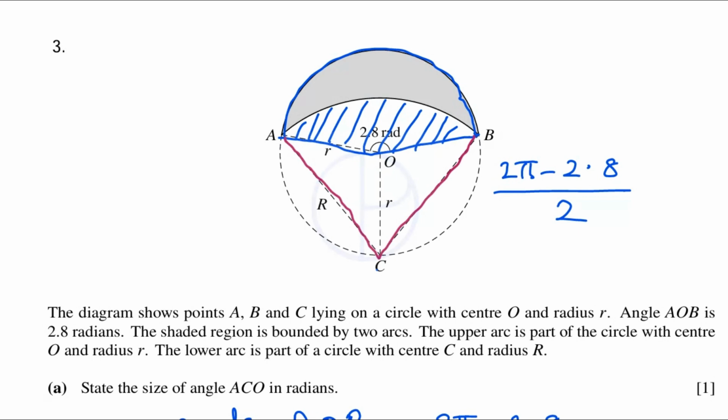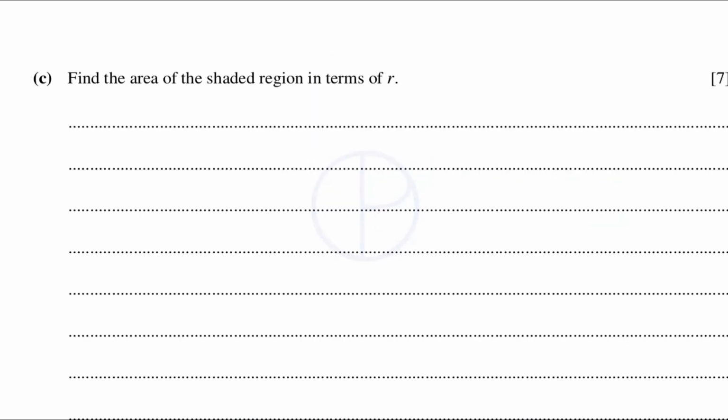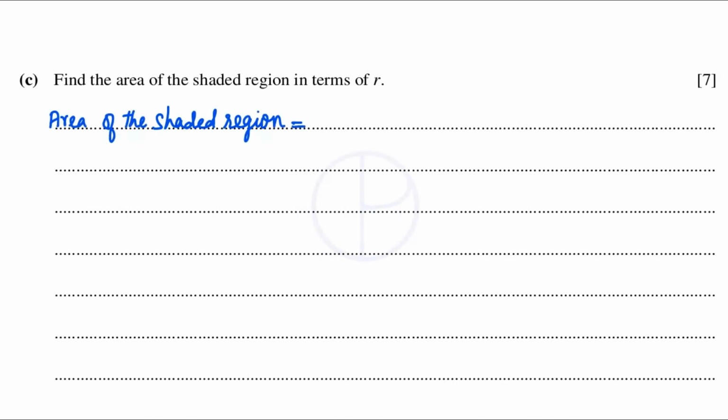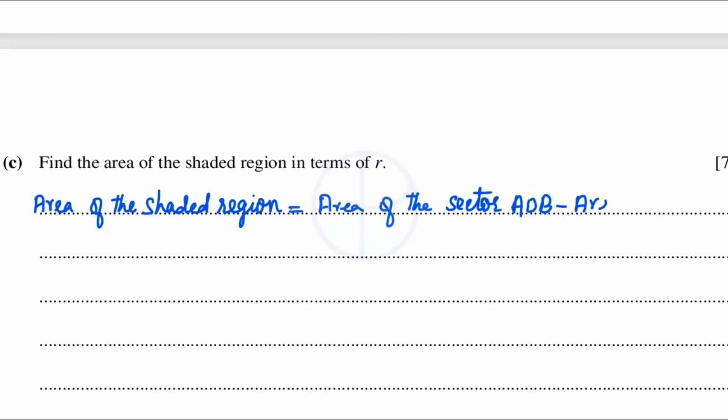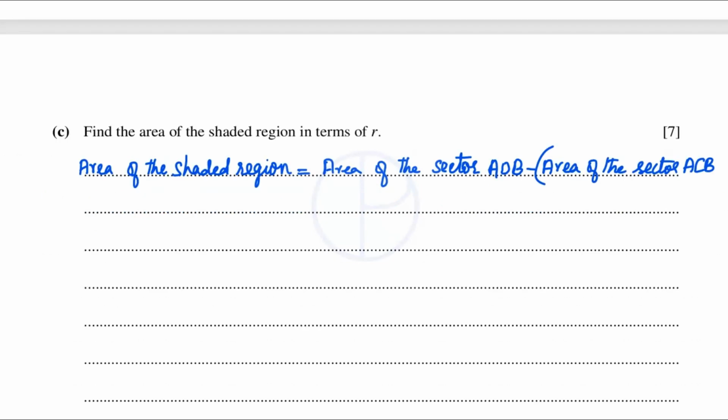First let's calculate the area of this sector. From that, if we subtract the area of this triangle and this triangle, then we will get this portion. So the area of the shaded region is area of the sector AOB minus area of the sector ACB minus twice the area of the triangle.